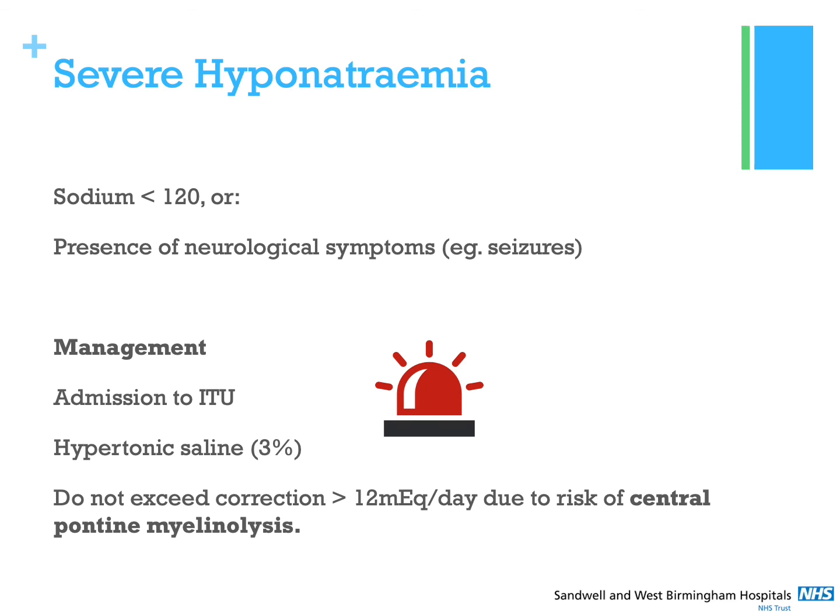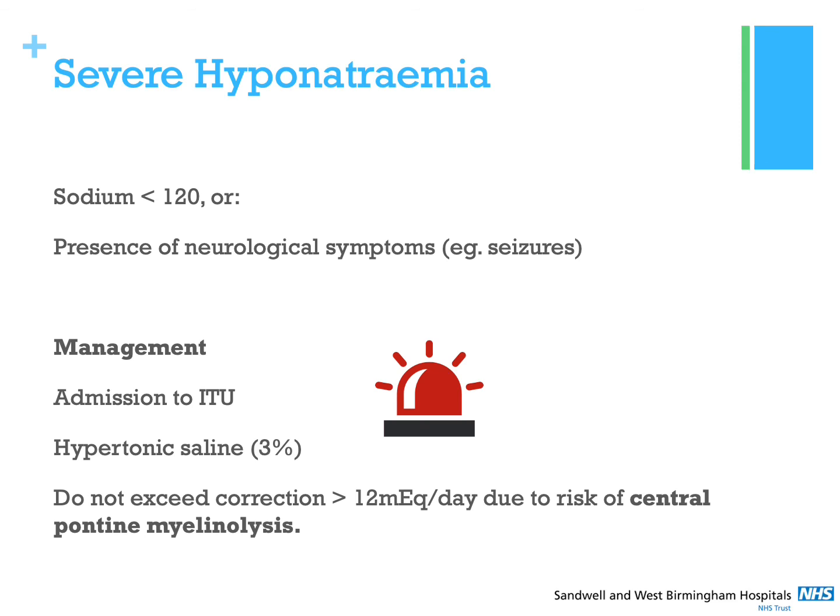There is something important to bear in mind whenever we are correcting sodium levels, and that is that we can't correct them too quickly. It is crucial not to exceed a rate of correction of more than 12 points per day, because correcting the sodium too quickly will cause quite significant shifts in water and electrolytes in the body, especially within the brain, and it can actually draw water out of the brain, leading to a potentially fatal condition called central pontine myelinolysis.